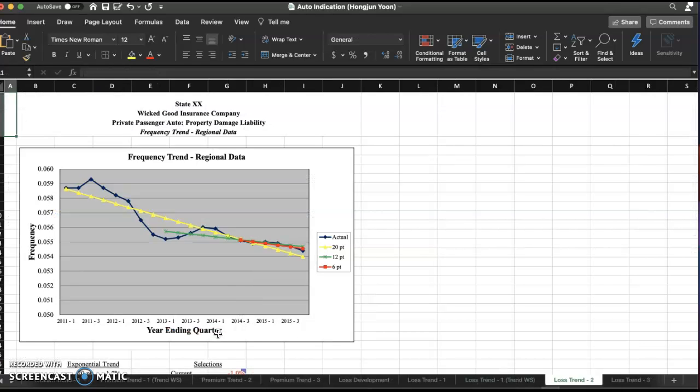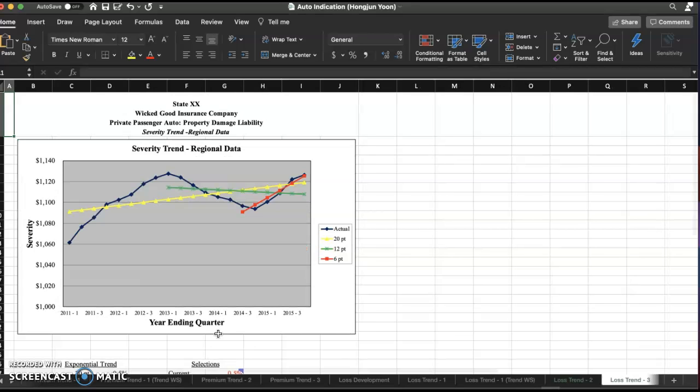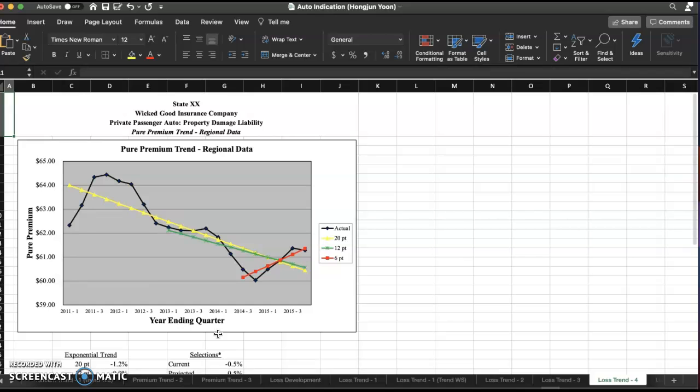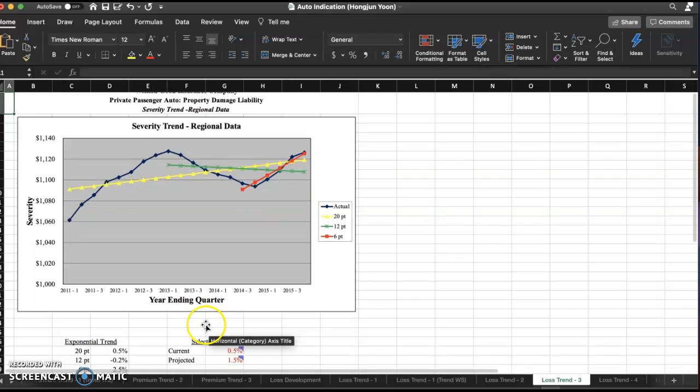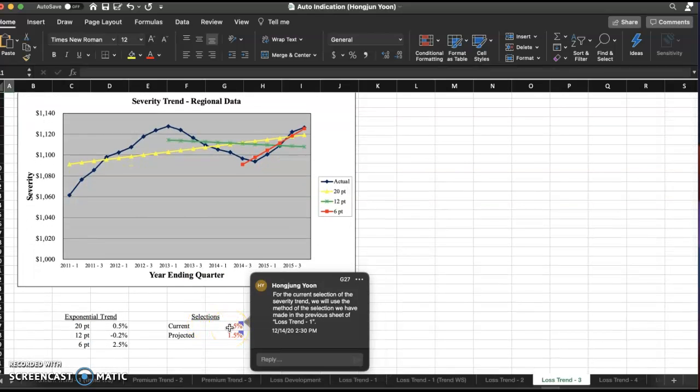Frequency trend graph is beautifully conducted, and the severity trend, and the pure premium trend. All the justifications here have been made in the previous sheet of loss trend 1.